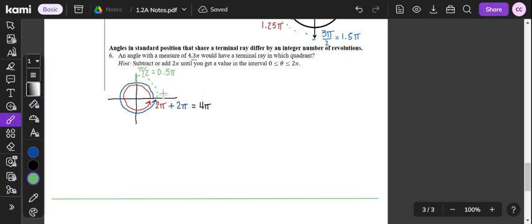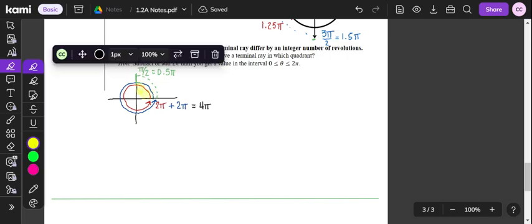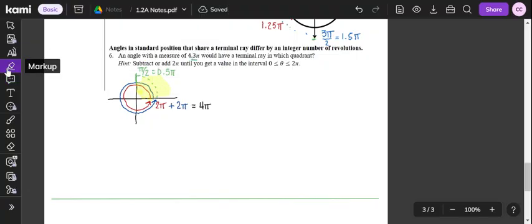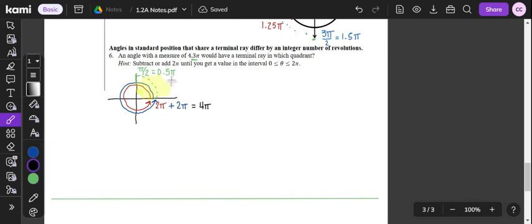We don't want to go all the way to 4.5. That would be around once, around again, and then a quarter of the way around. We don't want to go all the way there. So that means 4.3 pi is not going to be quite to this mark here. So it must have ended somewhere in this quadrant. Well, I know, based on the labels that I did right at the beginning of the notes, this is quadrant 1. So the answer to this question is quadrant 1.